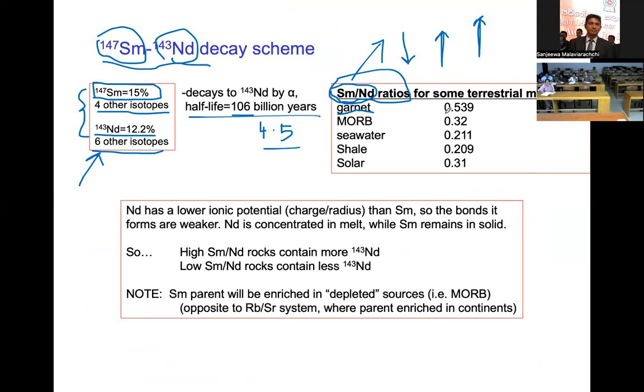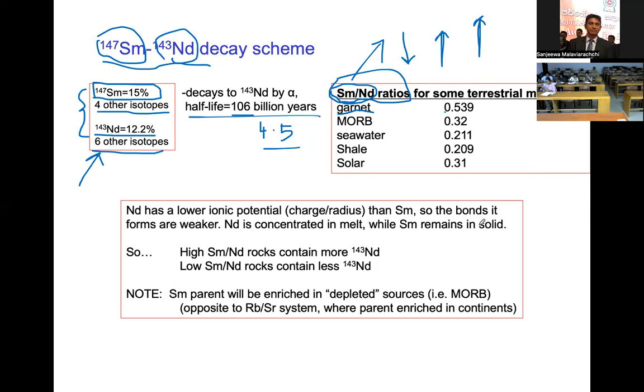So you can see here. One thing, I don't know whether I mentioned during the rubidium strontium isotopic system, is about mica, right? Similarly, mica prefers a lot of rubidium. So if we collect a lot of mica and use them, we can find a lot of strontium isotopes, right?